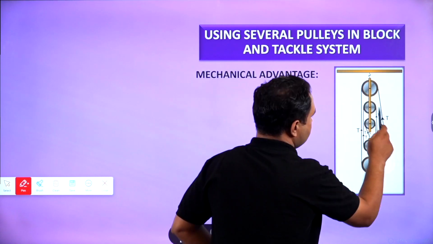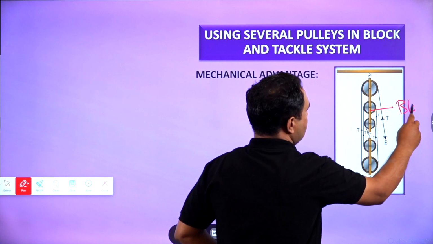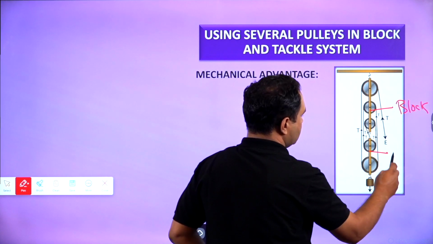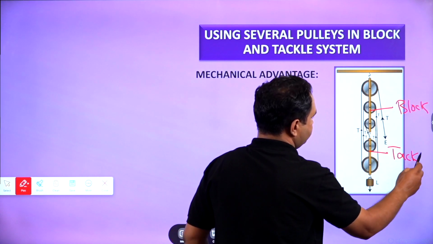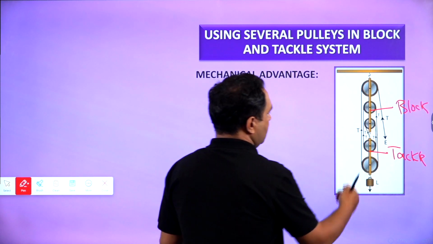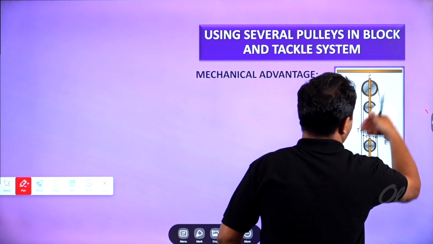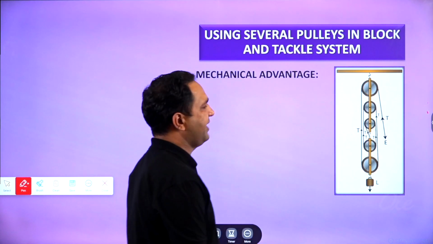In some books, the upper portion is known as block and the lower portion is known as tackle. Okay. So this is an arrangement known as block and tackle system.